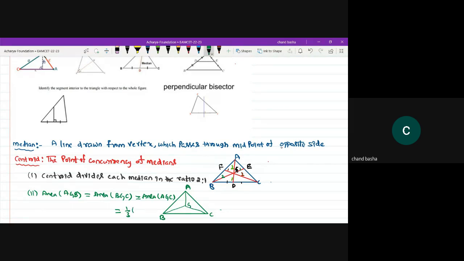Hope you can understand this point. The total area will be distributed as 3 parts: AGB, BGC, and AGC. So each is 1/3 of the total area.